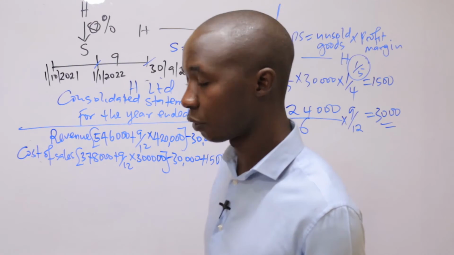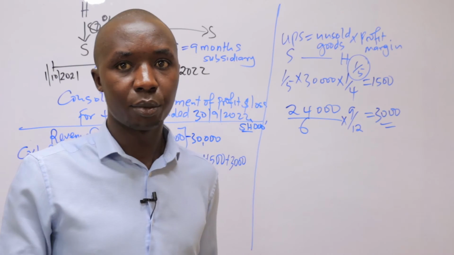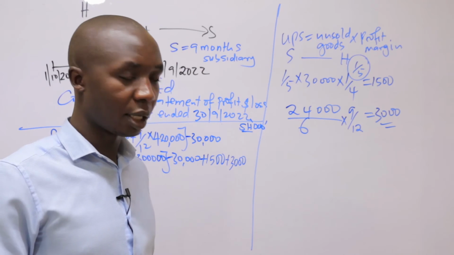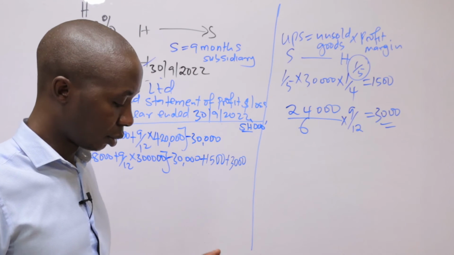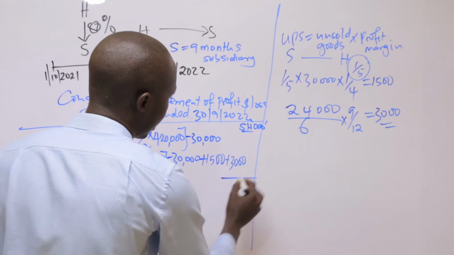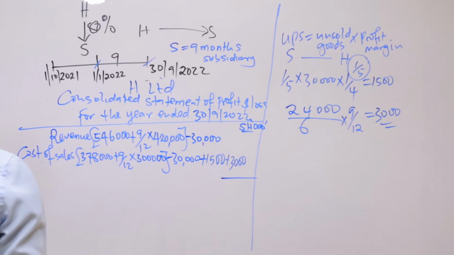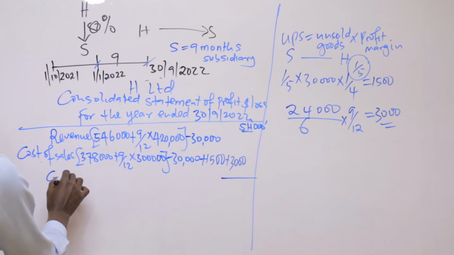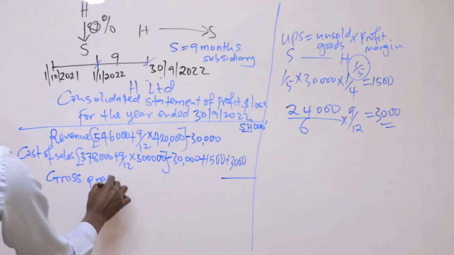So we are done with the cost of sales based on this question. So once you take the cost of sales, obviously you minus it from the revenue, and you get a gross profit.